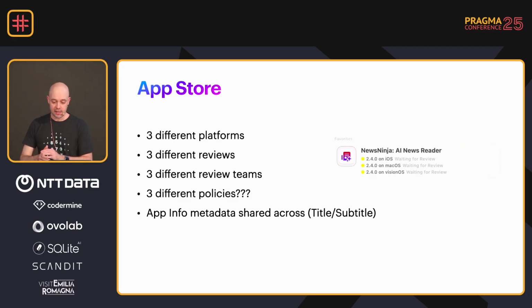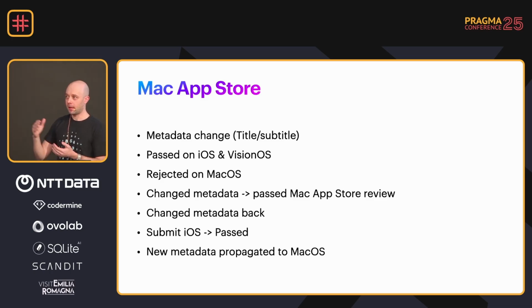When I released version 2 of my app, I added a functionality that allows you to subscribe to Reddit feeds or YouTube feeds. Because I wanted to take advantage of ASO, the App Store optimization, I put in the subtitle YouTube, Reddit, RSS feed. Then I submitted to the App Store, and iOS was approved, visionOS was approved, but macOS was rejected.